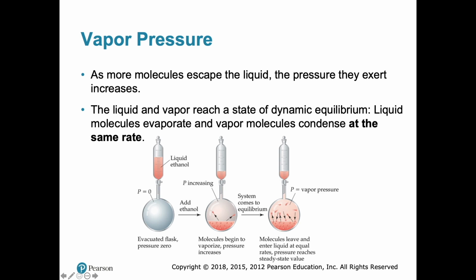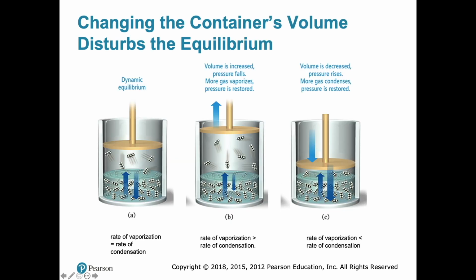So what I want you to get out of this is this next slide here, okay? When you're at dynamic equilibrium, the rate of evaporation of that's not ethanol, what is that? 1, 2, 3, 4, 5, 6. I think that may be hexane. I'm not sure what that molecule is. It's a little too crunched up for me to count.